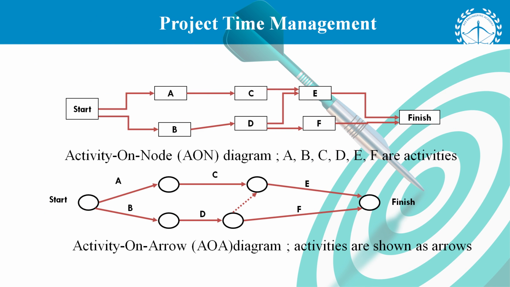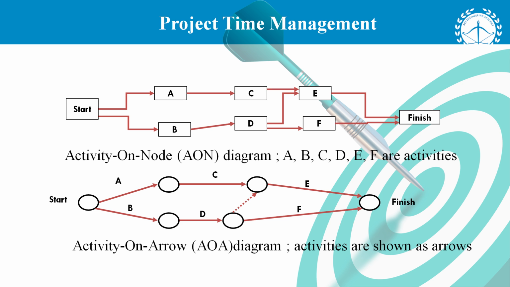You can see there are two networks here. How to decode this, how to interpret this. An arrow indicates an activity, that means a work element. Here there are two notations. The AON diagram says that the activity is shown on node. Below you can see one more diagram, AOA, where the activity is kept on the arrow.